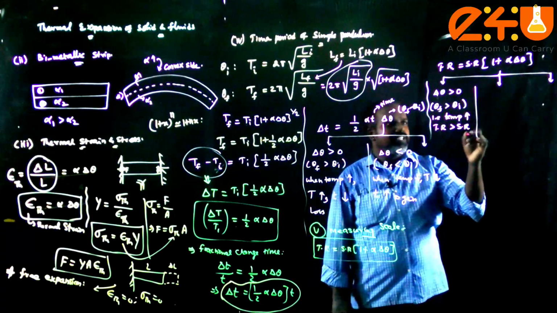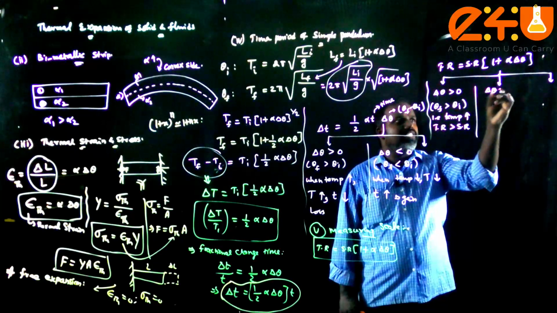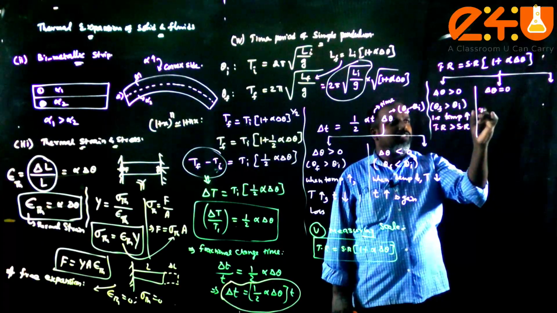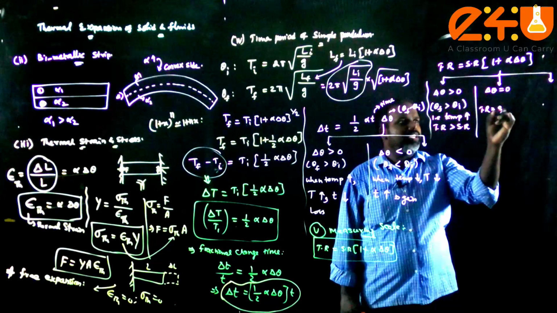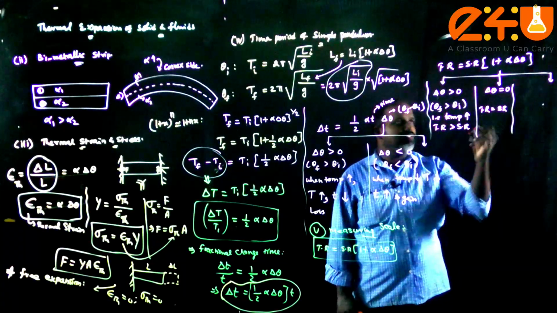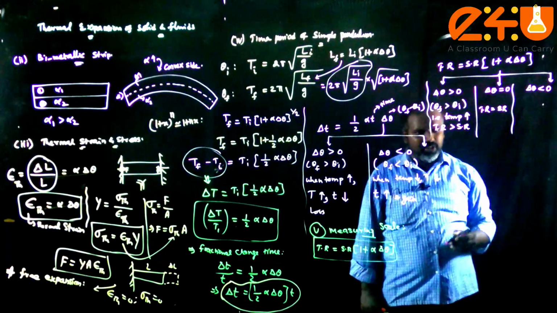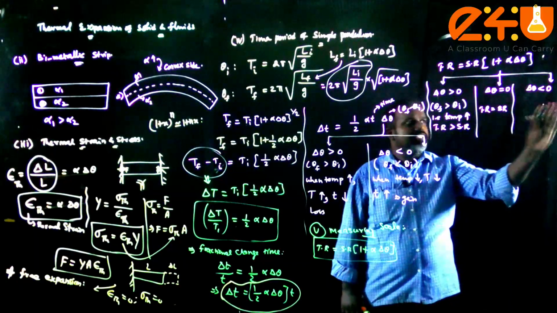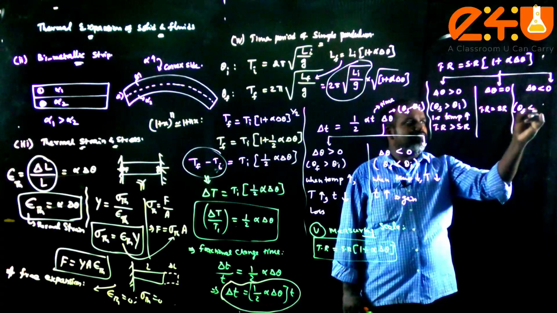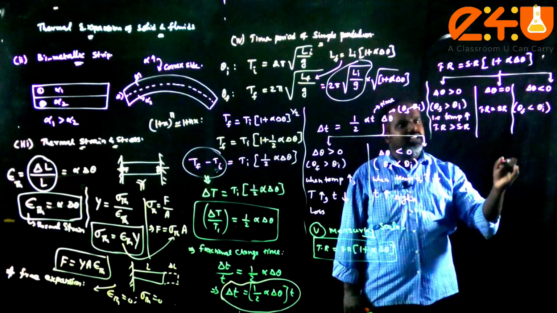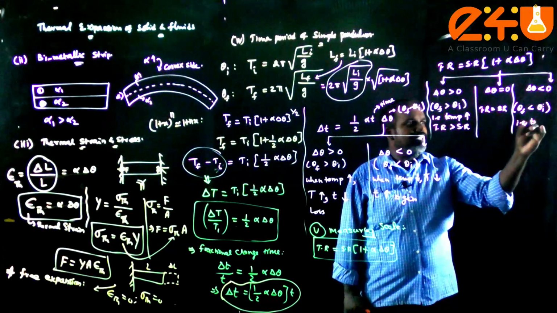Another case is delta theta equal to 0. Therefore true reading is equal to scale reading. There is no problem with this. The next one is delta theta less than 0. In this case theta final is less than theta initial, that is, temperature decreases.